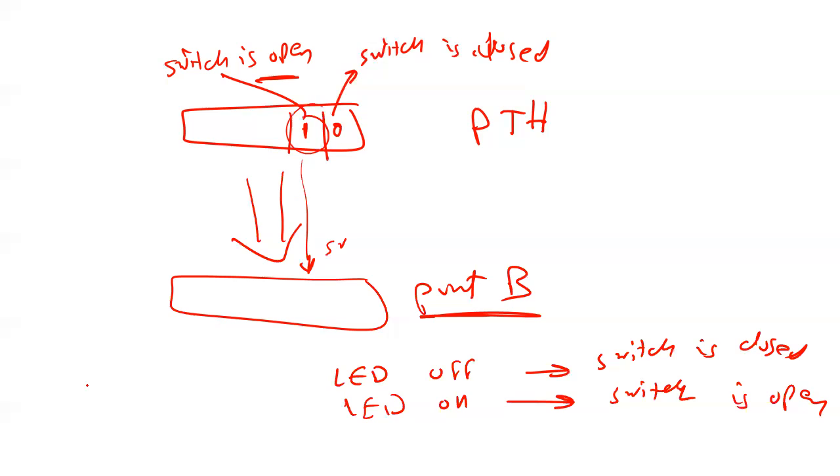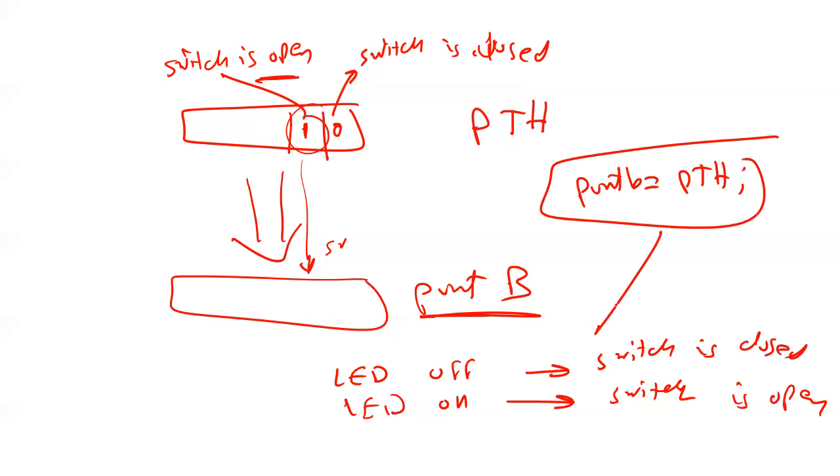So I'm going to read one port and send it to the other port. So if I say port B equal PTH, this will be the logic. When I connect the switch, the corresponding LED is going to be off. If I open the switch, the corresponding LED is going to be on.